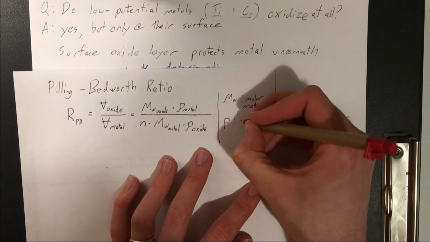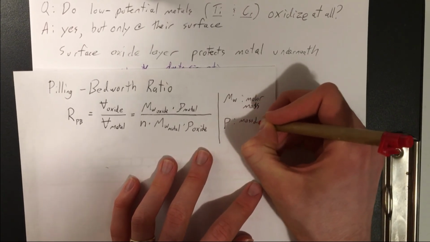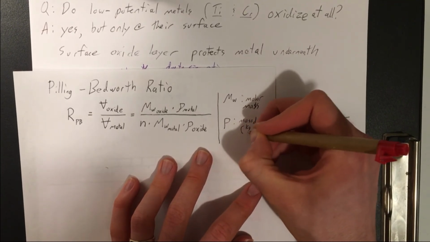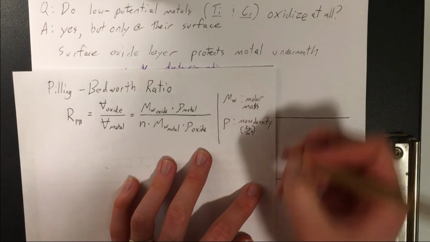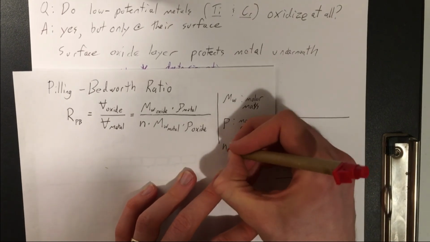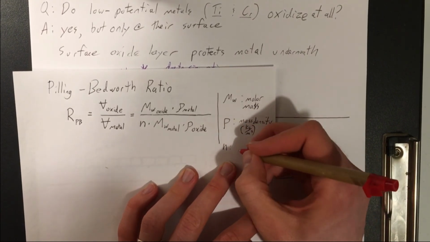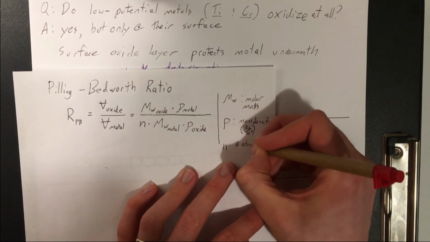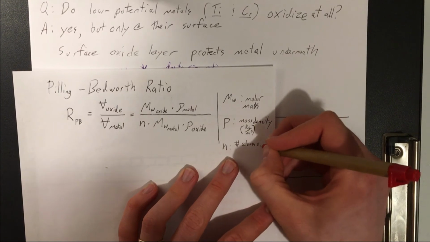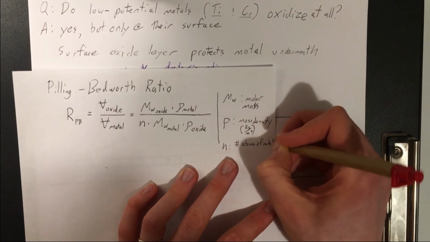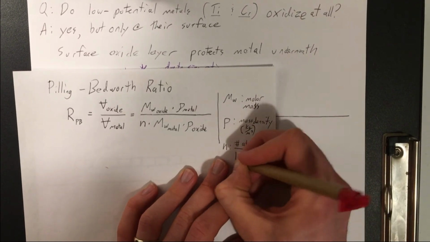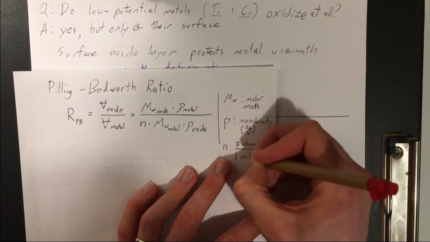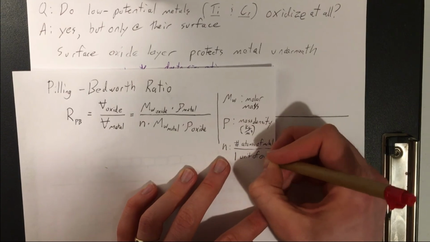Rho is the mass density, so this would have units of kilograms per meter cubed or something like that. And N is the number of atoms of metal per one unit of oxide.